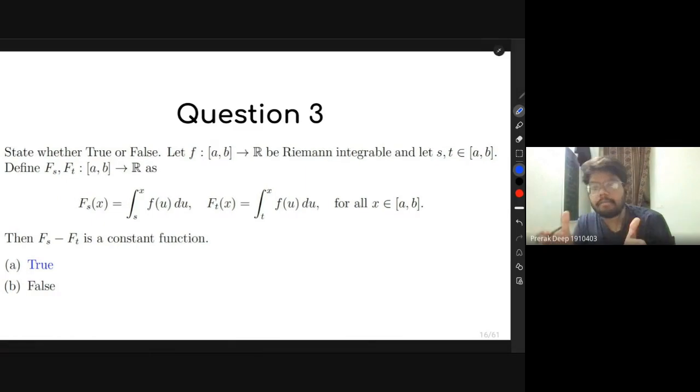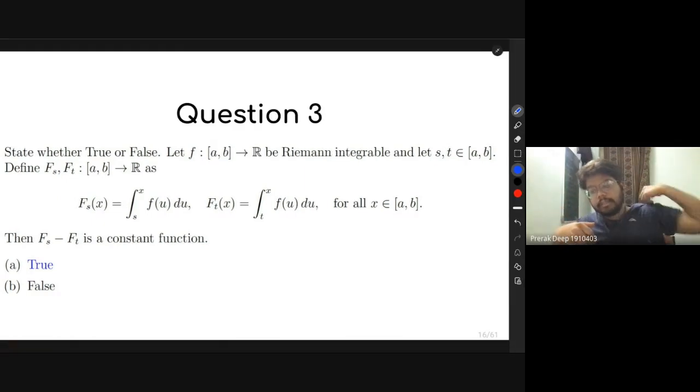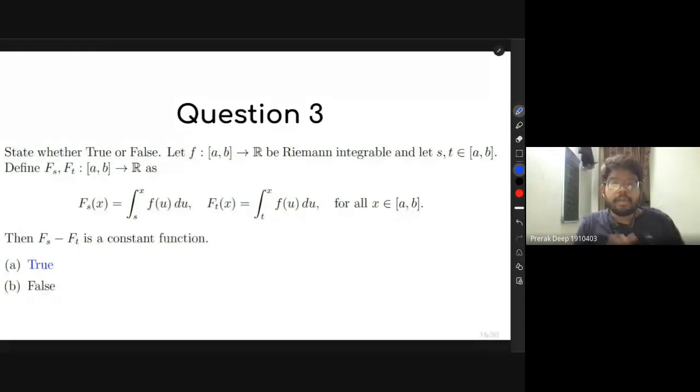So if it is Riemann integrable on the whole domain, then if you take any subinterval in that bigger domain, it's going to be Riemann integrable in that small domain as well. So we will see this property also today in one of the questions. I'm not going to discuss it now, but we will see this property in the upcoming discussion.